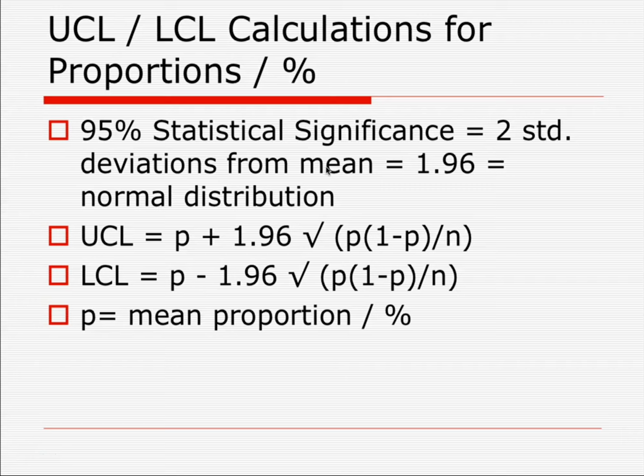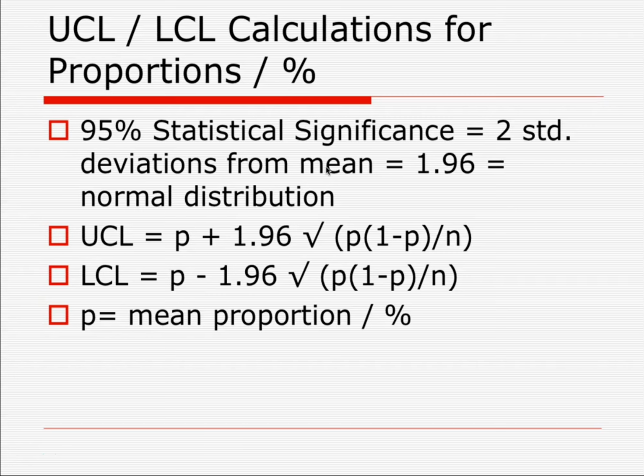So 0.54 plus the quantity 1.96 multiplied by the square root of the mean proportion P multiplied by 1 minus P, divided by N. Again, if we're using N, we are calculating based on the entire population, I should say, and not a sample. N minus 1 would be used for a sample instead of the entire population.